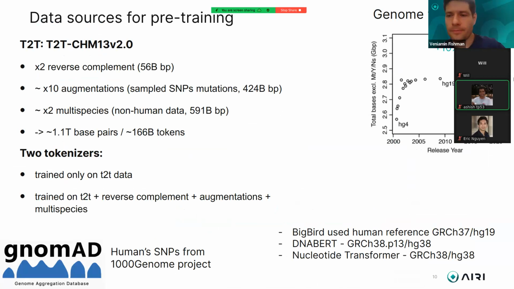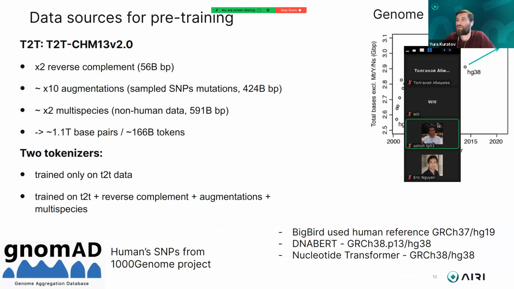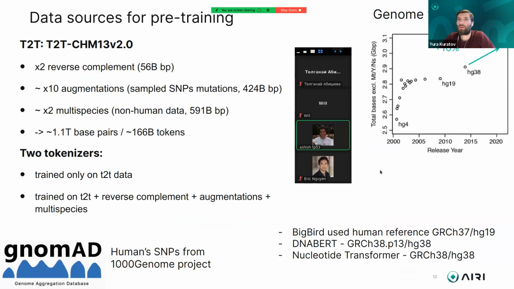Yeah, we used the human genome assembly named T2T. We augmented it to have much more than 3.1 billion nucleotides in the data set. We add reverse complementary sequences.